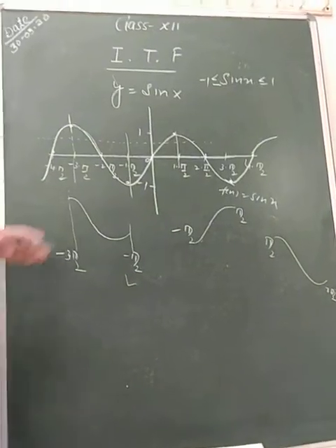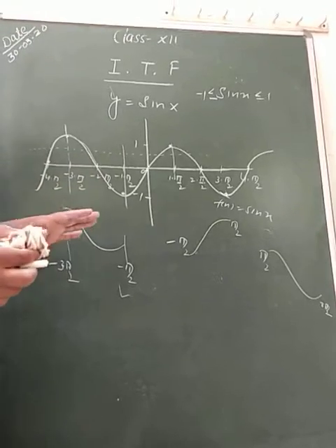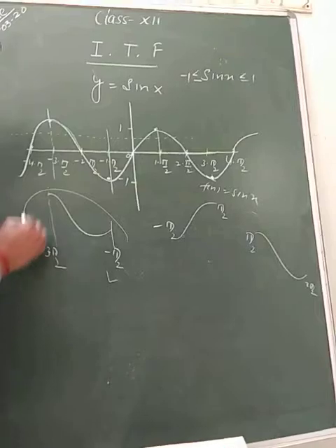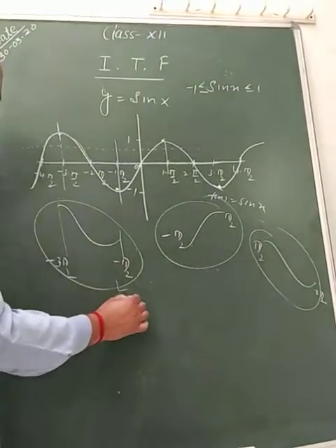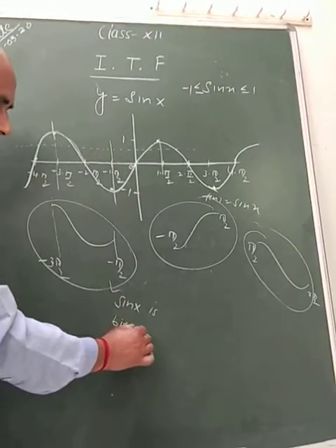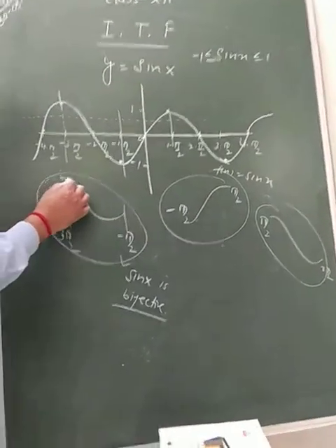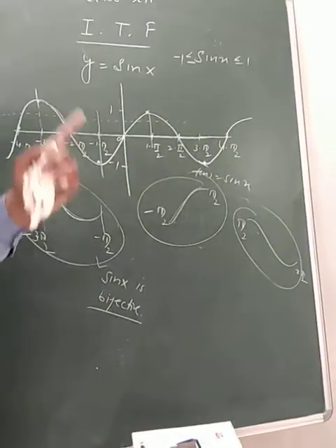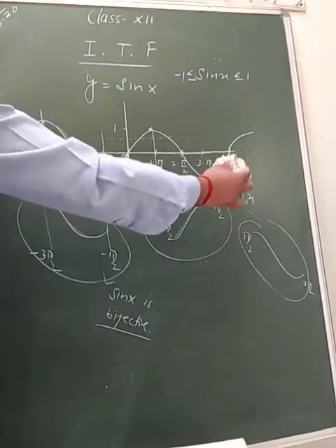So sin x can be divided into infinitely many branches. In each specific branch, the sine function is one-one and onto, so sin x is bijective. It means the sine function is invertible in different branches but not over the whole domain.